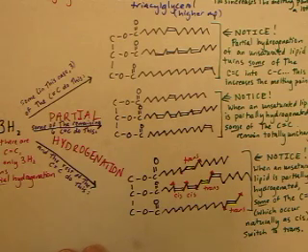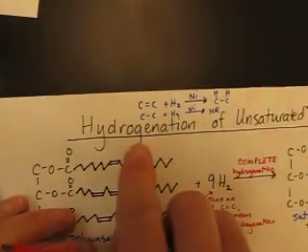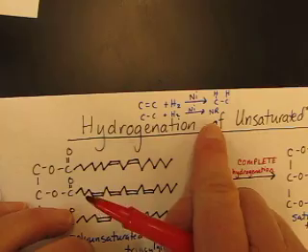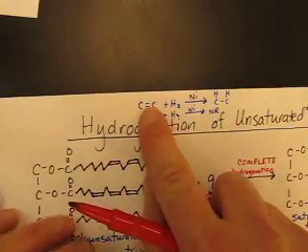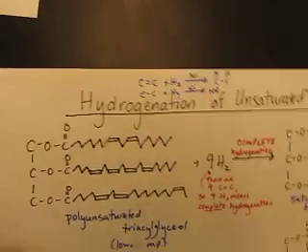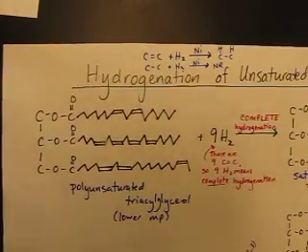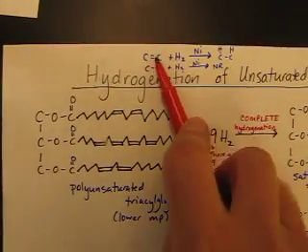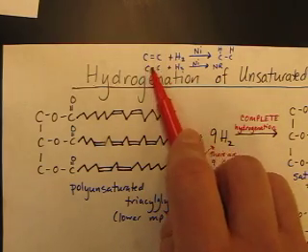You cannot hydrogenate a saturated fat. Whether it's partial hydrogenation, complete hydrogenation, that doesn't matter. Remember how we started. We said if it's saturated, no reaction with hydrogen. Only unsaturated can react. So both fatty acids and fats can be hydrogenated as long as there's a carbon-carbon double bond. That's the only part that matters.